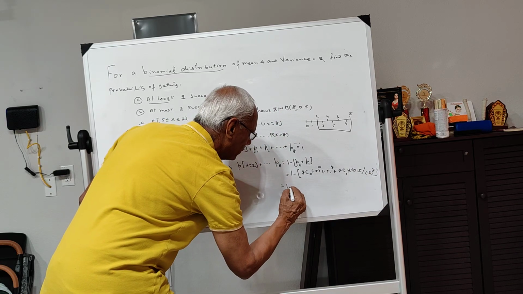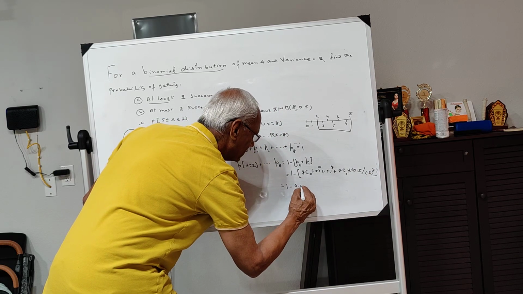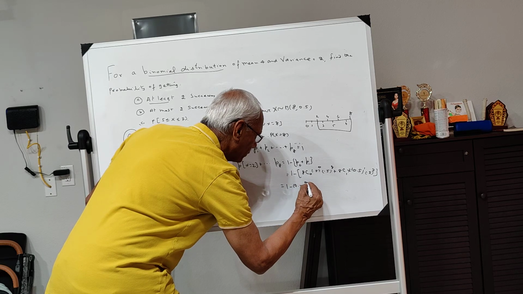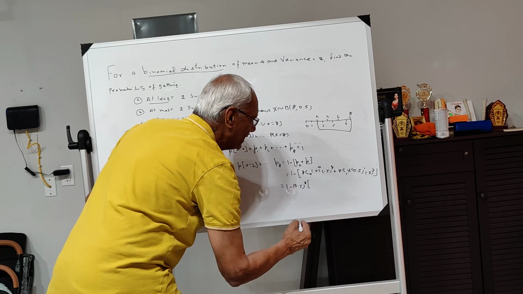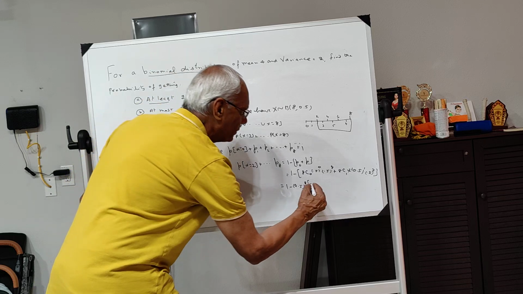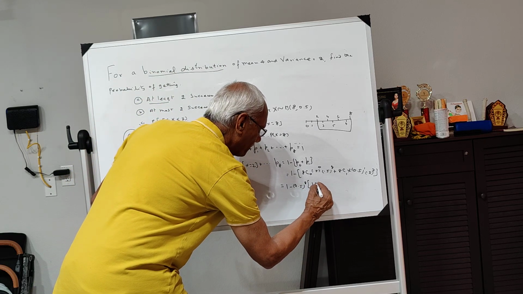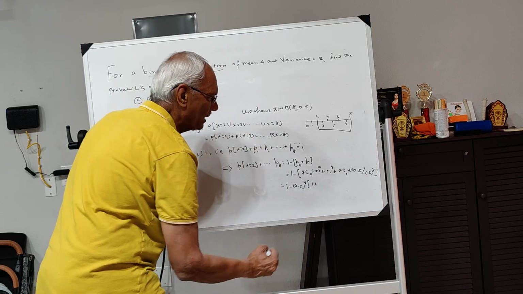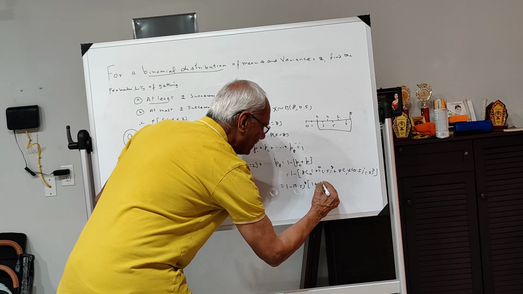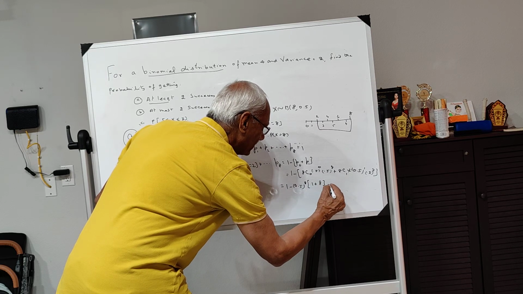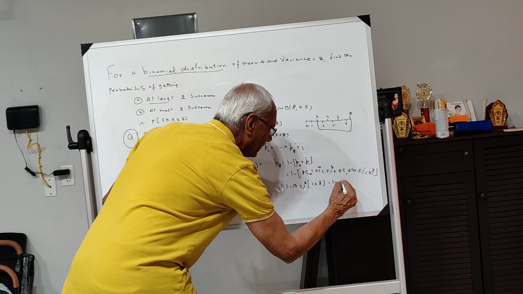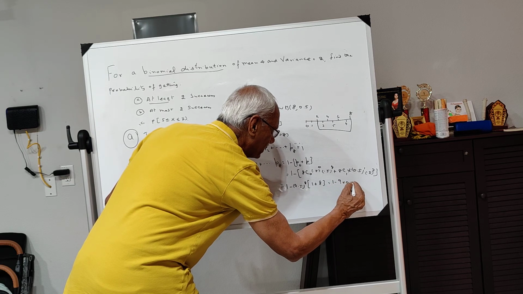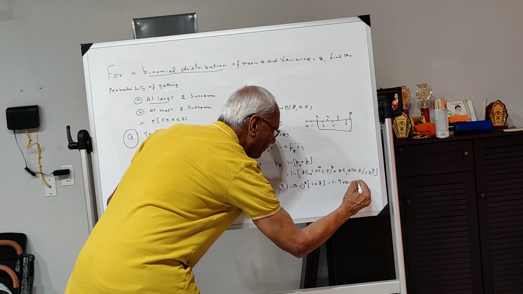So this will be equal to 1 minus 0.5 to the power of 8, and 8C0 is 1, plus 8C1. 8C1 is nothing but 8. That is equal to 1 minus 9 into 0.5 to the power of 8.